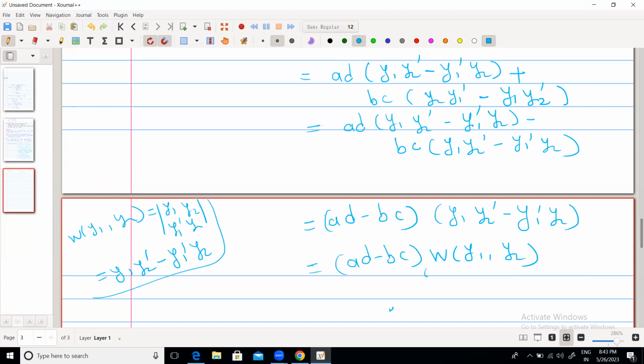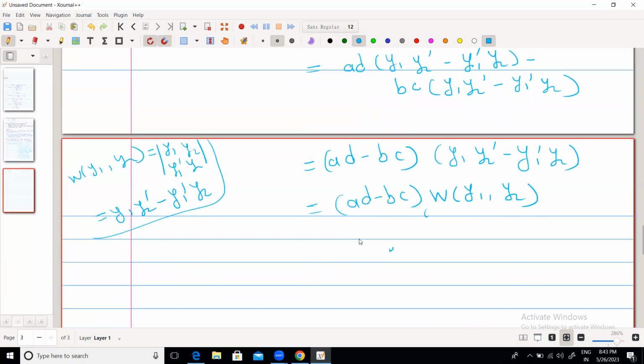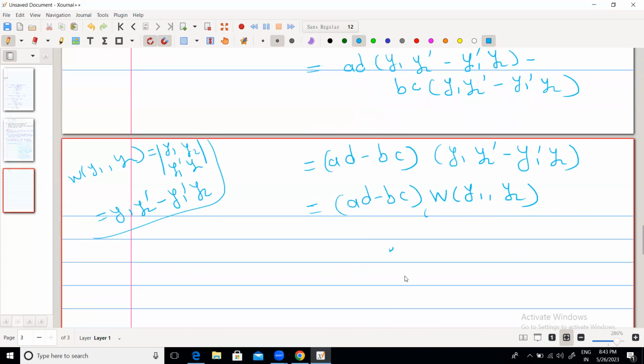But given that Wronskian of y1, y2 is non-zero, for this Wronskian to be non-zero, we must have AD minus BC non-zero, because if AD minus BC is 0, then this is 0, and this implies the Wronskian is 0. Okay. So if AD minus BC is non-zero, as we know these two are linearly independent, so this Wronskian is non-zero.